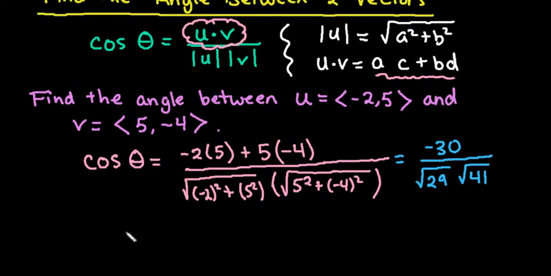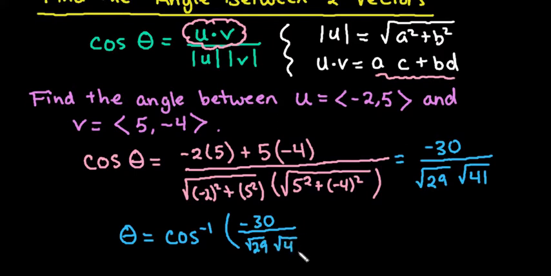So what I'm going to enter into my calculator is theta is equal to the inverse cosine of -30 divided by the square root of 29 times the square root of 41. And remember that this entire denominator needs to be put in parentheses when you are plugging this into your calculator.